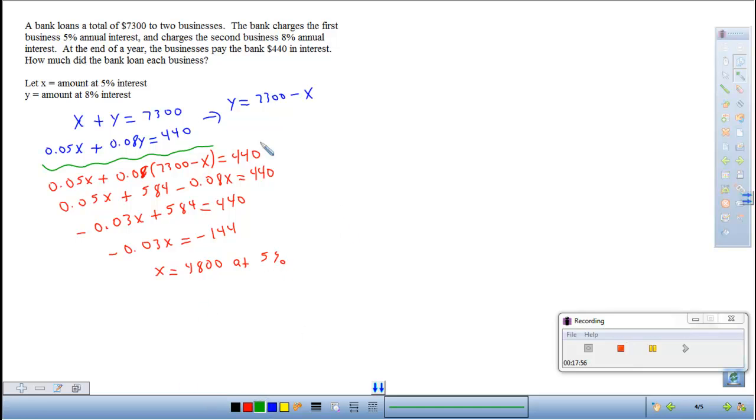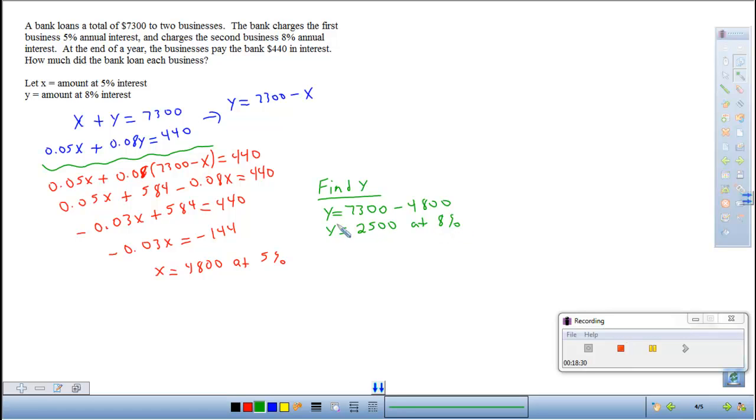The other part of my answer is the y part, so I need to find y. To find y, we have y equals 7,300 minus x. We just found out that x is 4,800. So y equals 7,300 minus 4,800, and y equals 2,500. And the 2,500 will be at the 8% rate because that's what we let y represent.